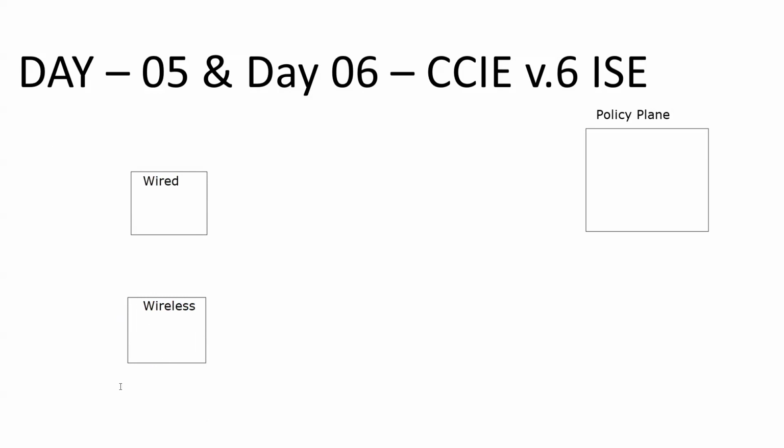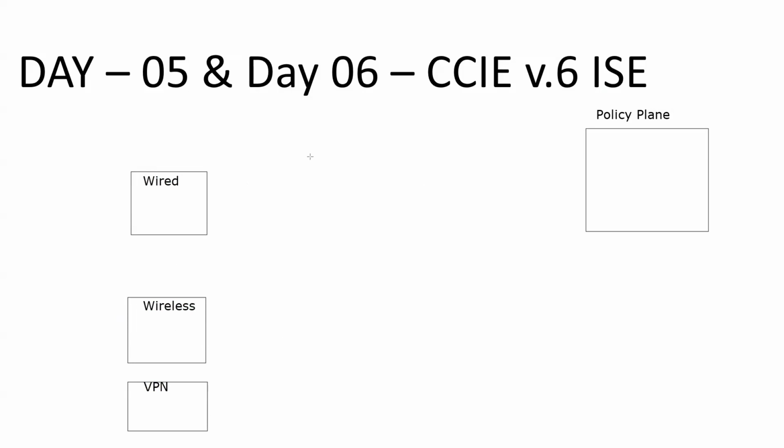Apart from that, in the corporate network, you will see some customers working from home or other remote locations, using VPN to connect to the corporate network. So we have users in these boxes: wired, wireless, and all those users.